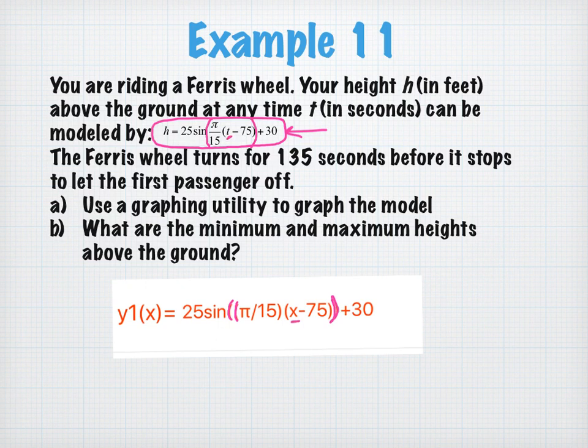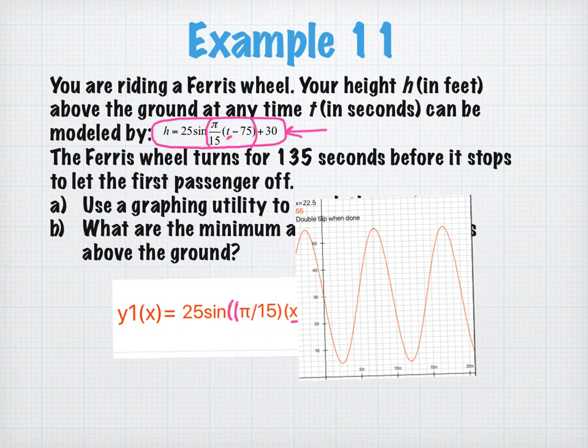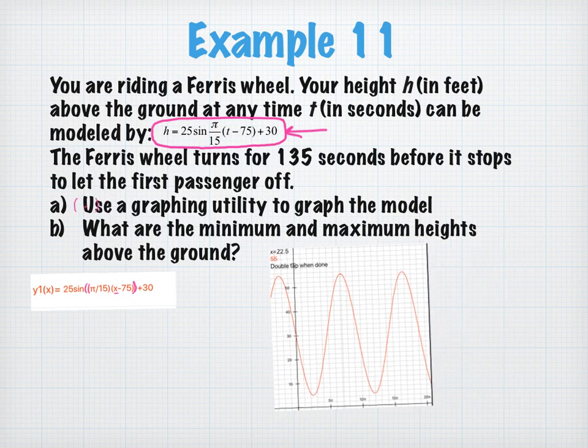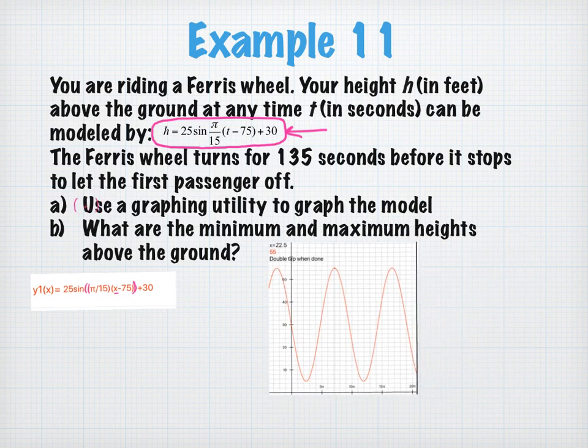And it should look something like this. And then when you pull in the actual graph, you get something that looks like this. So I had to pinch and zoom so I could catch the whole curve. You'll want to do the same thing.